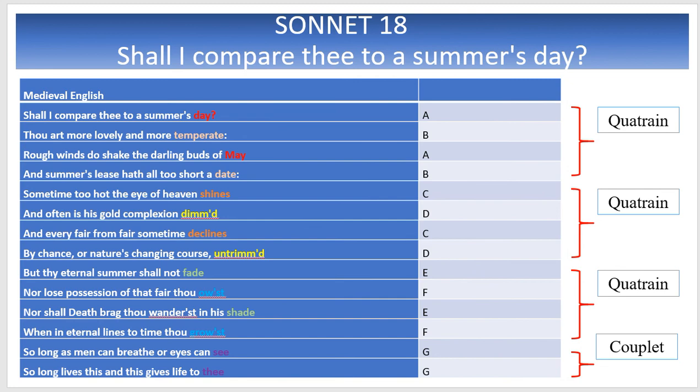The structure or the division of the sonnet is basically divided into four parts: first quatrain, second quatrain, third quatrain, and the fourth part is the couplet. This is about the structure. The second point is about the rhyme. The rhyme goes in this way: A, B, A, B. So the first line and the third line follow the same rhyme, and the second line and the fourth line have the same rhyme.